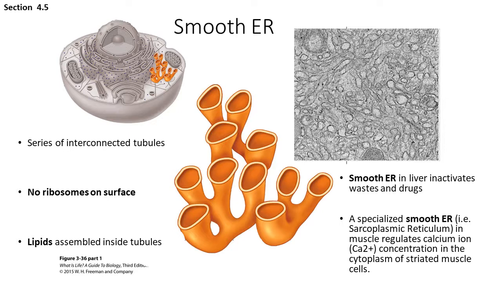The smooth ER in the liver also inactivates and detoxifies waste and drugs. There is a specialized smooth ER in muscle that regulates calcium ion concentration in the cytoplasm of striated muscle cells.